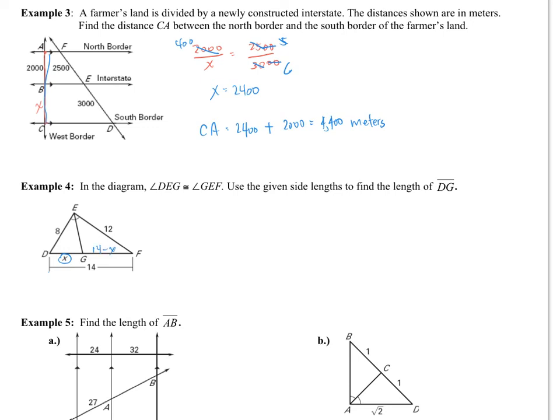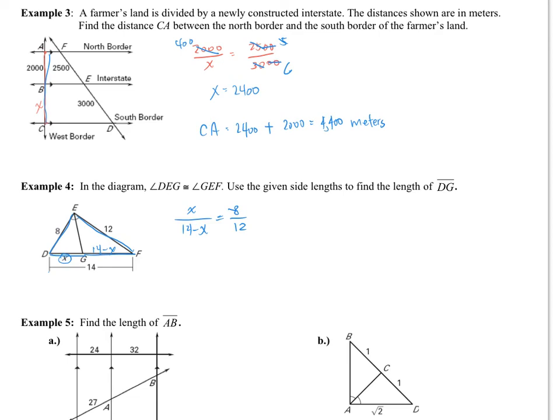So my proportion would be X to 14 minus X equals 8 to 12. So DG to GF equals DE to FE.